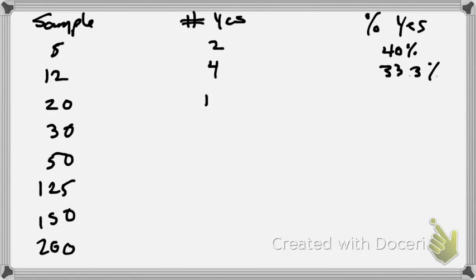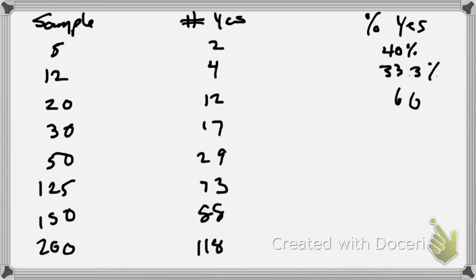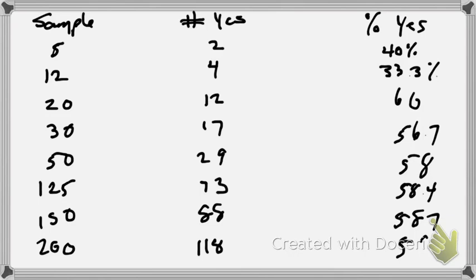And then 12, 17, 29, 73, 88, and 118, 60. Sorry, almost done. Alright, so these are all of the percentages, the totals, and the samples.